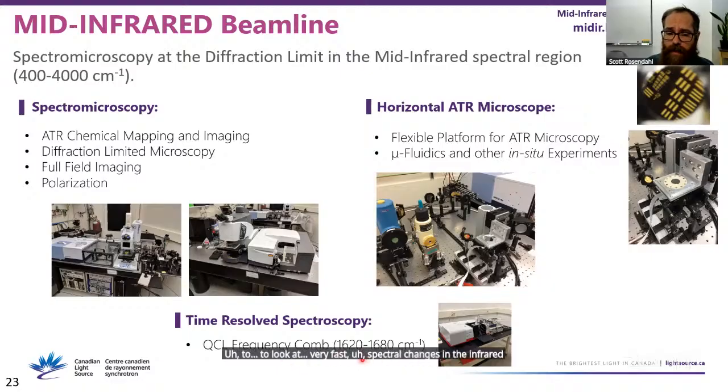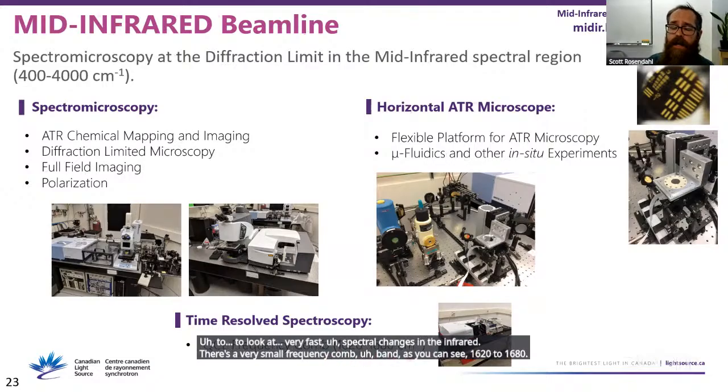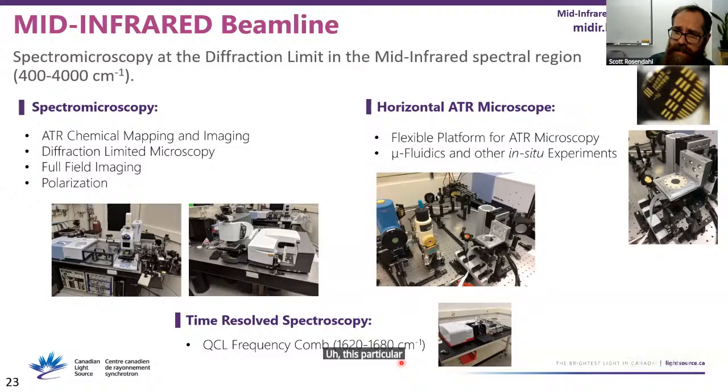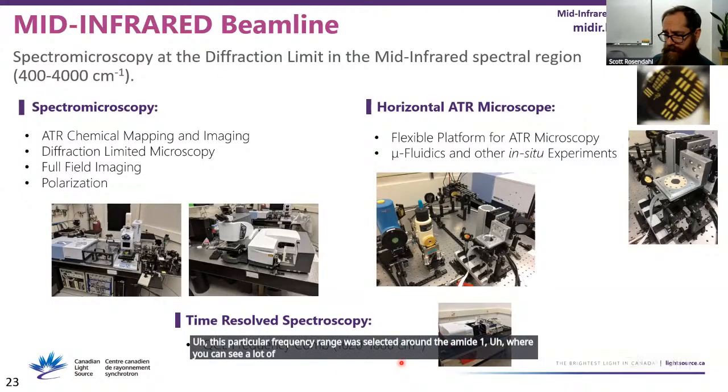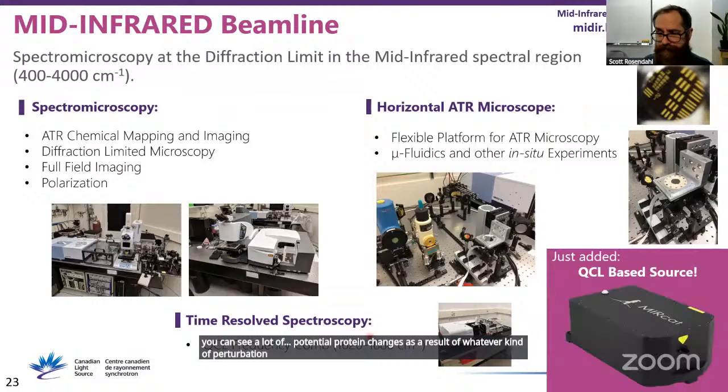There's a very small frequency comb band, as you can see, 1620 to 1680. This particular frequency range was selected around the amide I, where you can see a lot of potential protein changes as a result of whatever kind of perturbation you apply to them.